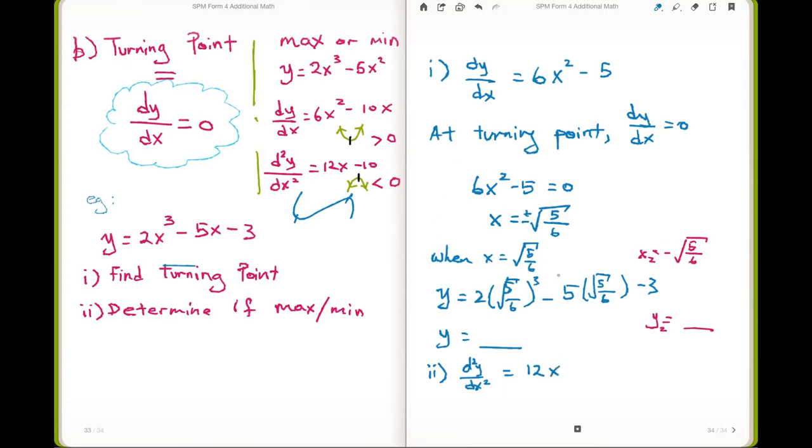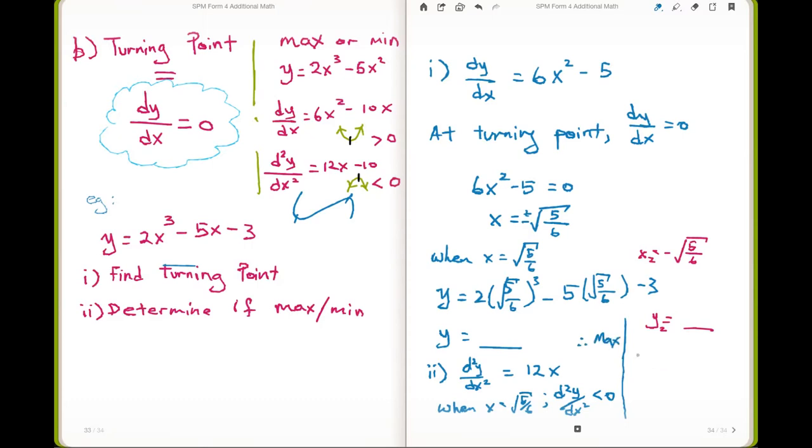You substitute this value into here. When x is root 5 over 6, a positive value, you find that d2y over dx squared is less than 0. So when it's less than 0, I know this coordinate is a maximum.